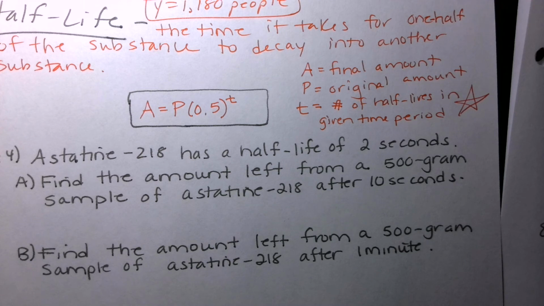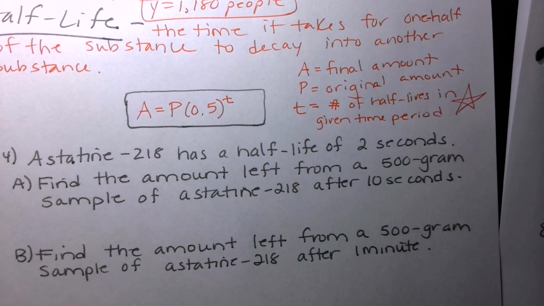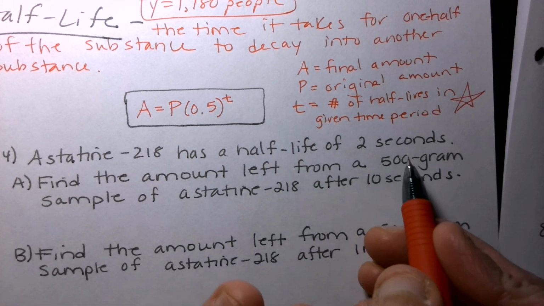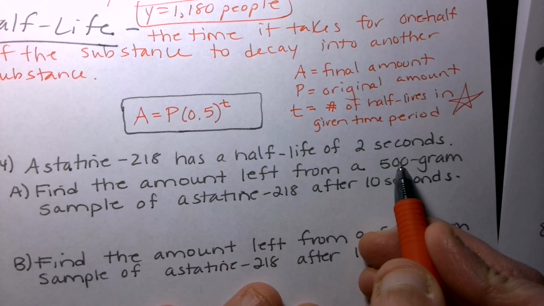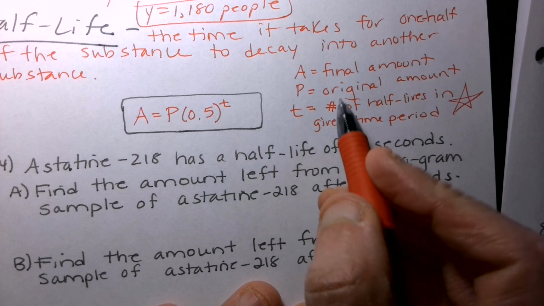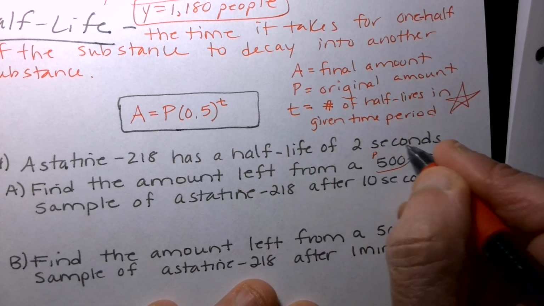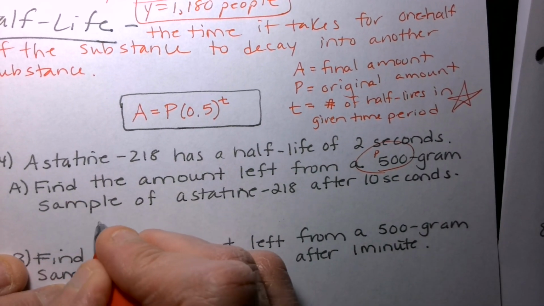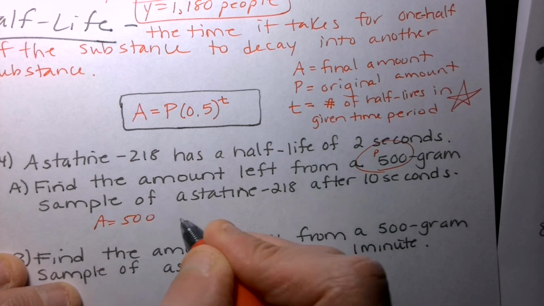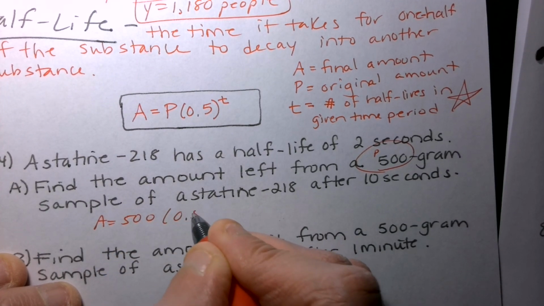Find the amount left from a 500-gram sample of astatine-218 after 10 seconds. So let's take a look at this now. First of all, what's the 500 grams? That is right. That's your P. That's your original amount. So we have A equals 500 times 0.5.